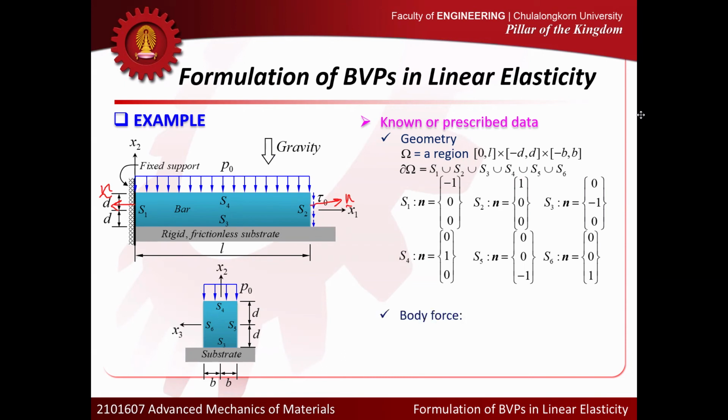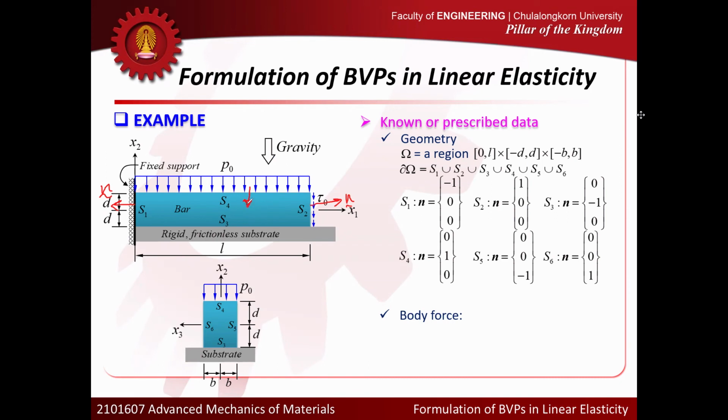How about the body force field? This is associated with the remote force that we prescribe at the beginning. So we know that we have the gravitational force field pointing downward, right? And we have the prescribed constant unit weight of the bar equal to gamma. So the body force field at every point here will point in that direction, right?